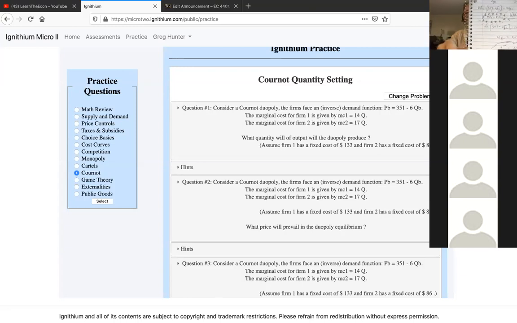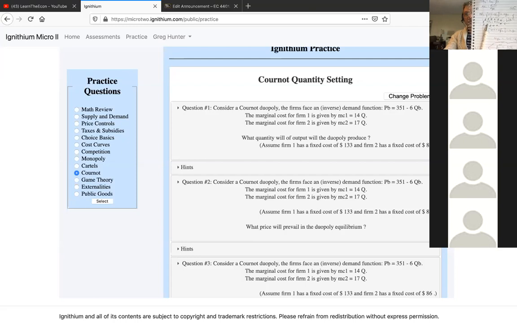But what do you think should be different here? Well, if they're equal, I'm not sure. Now look closely. Read with me. That says MR, and what's that say? That is a 1, equals MC1. Now in this case it should be a 2, because this is firm 2, right?